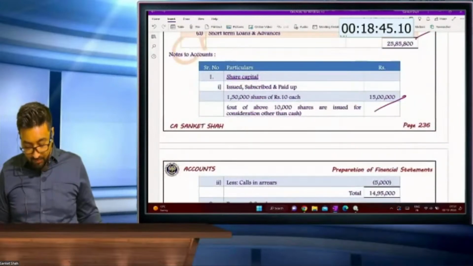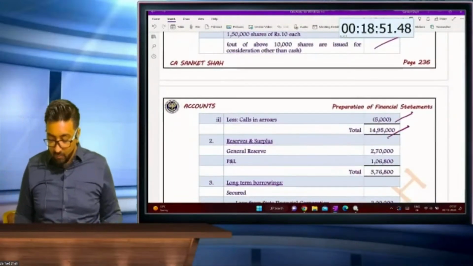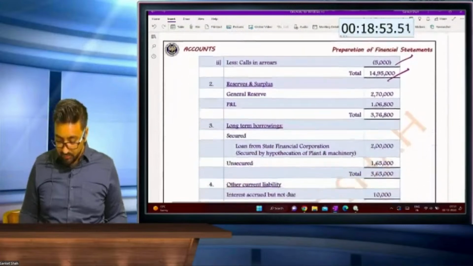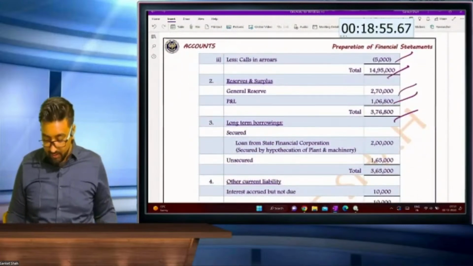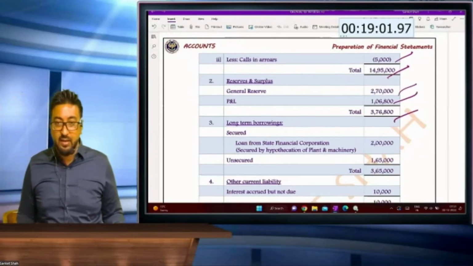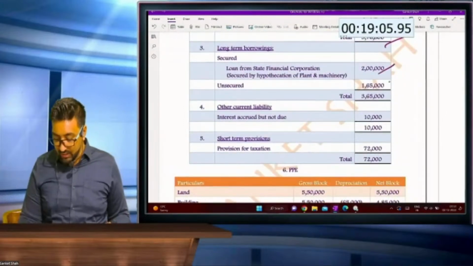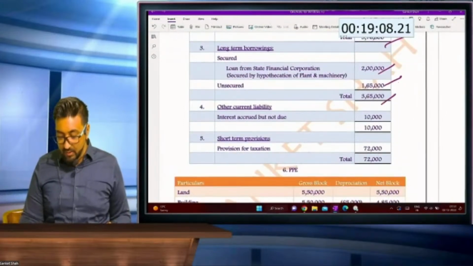Share capital 15 lakhs authorized, call scenarios minus 5,000, so 14,95,000. General reserve 2,70,000 and P&L 1,06,800, total 3,76,800. Secured loan, long-term borrowings 2 lakhs. Unsecured 1,65,000. Total 3,65,000.